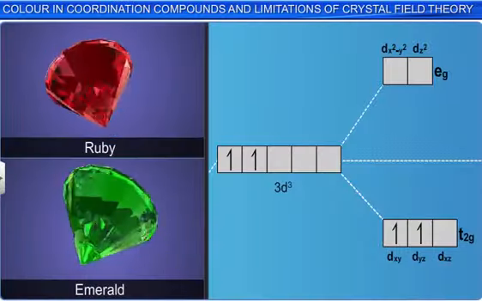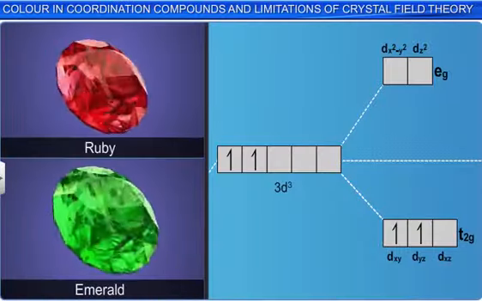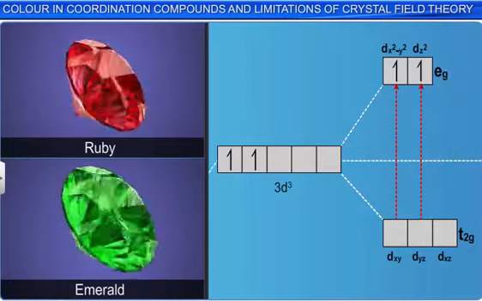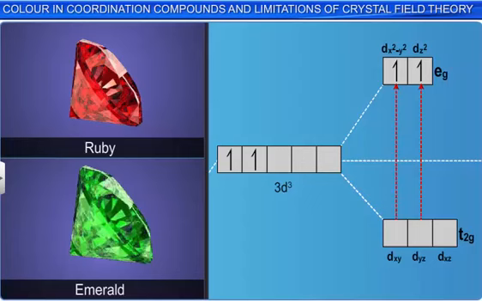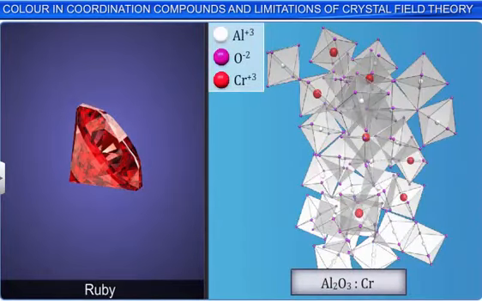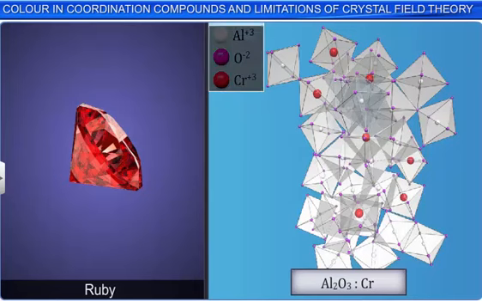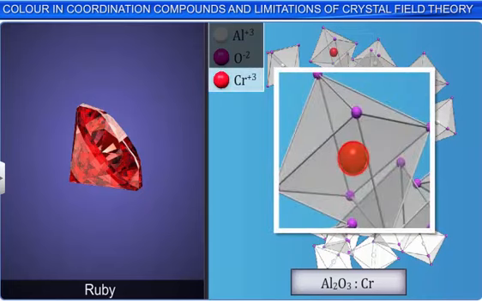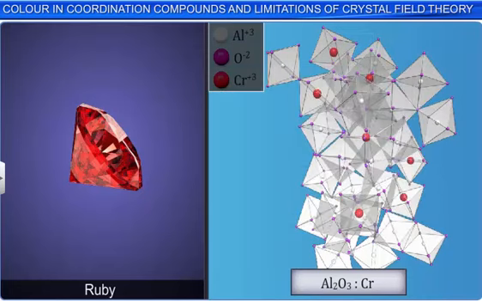The color of gemstones like ruby and emerald is also due to the d-to-d transition of electrons within the d orbitals of the transition metal ion. Ruby is a pink to blood red colored gemstone. It is aluminium oxide, in which a small fraction of Al3+ ions are replaced by chromium 3+ ions. The red color of a ruby is mainly due to the presence of chromium 3+ ions.